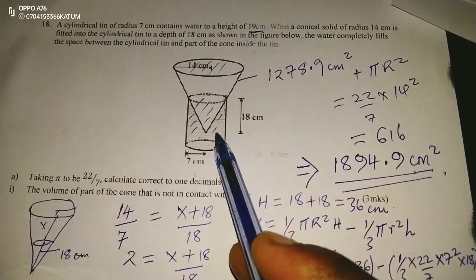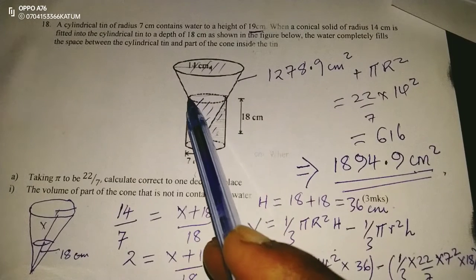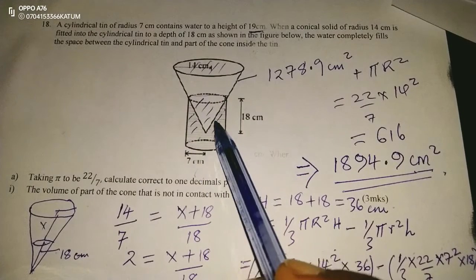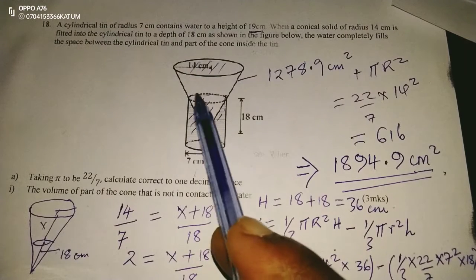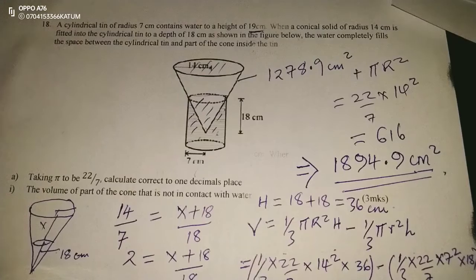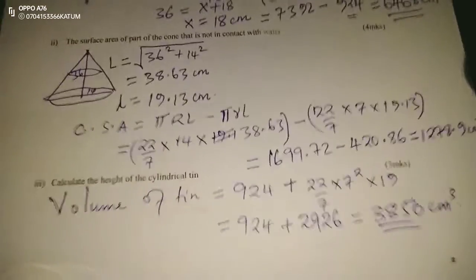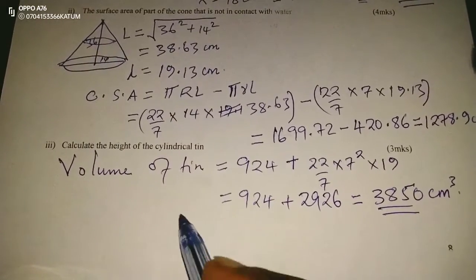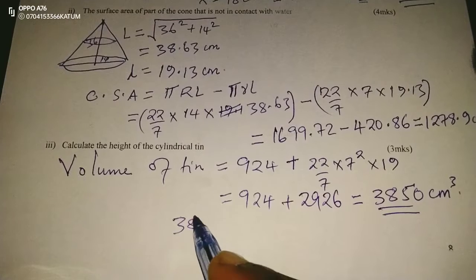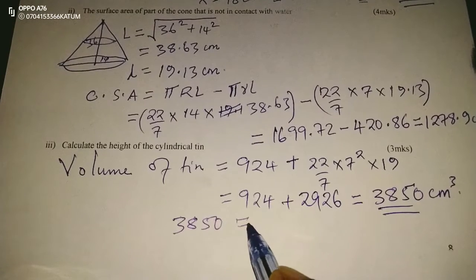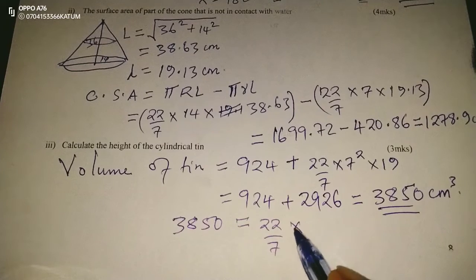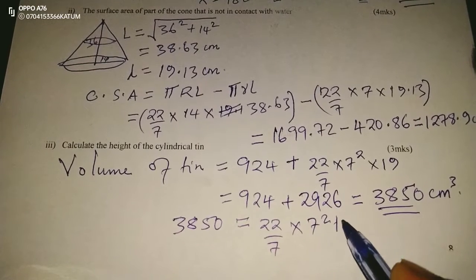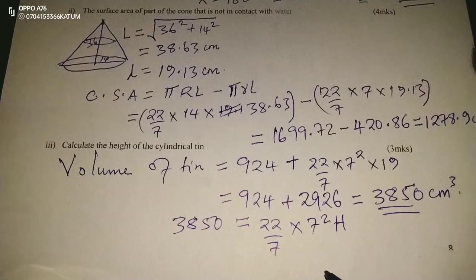So 3850 cubic centimeters is the total volume of this cylindrical tin, because we had to get the volume of the water inside plus the volume of the smaller part of the cone which was able to fit. That way we will get the total volume of this cylinder. Now we can get its height by saying that this total volume is given by base area, which is pi r squared, times the total height for that cylinder, which is not known.